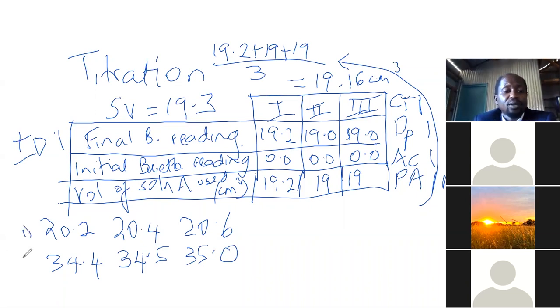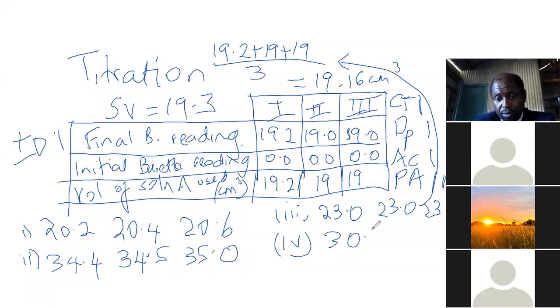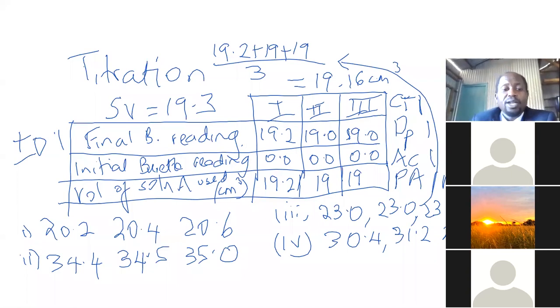That is set 1, set 2, a third set, and a fourth set. So those are values. I hope we understand. May separate them with commas to indicate that they are different values.